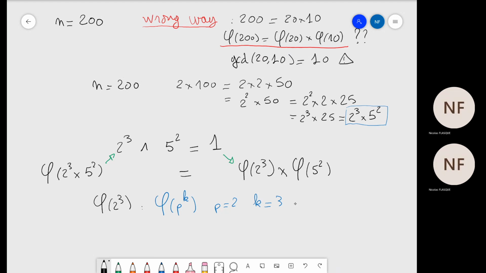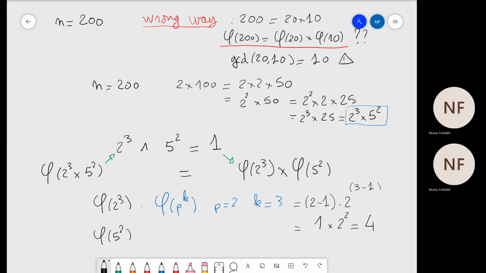So it's equal to p minus 1 times p to the power of k minus 1, which is 1 times 2 to the power of 2, which is 4. So phi of 2 to the power of 3, which is phi of 8, is equal to 4.